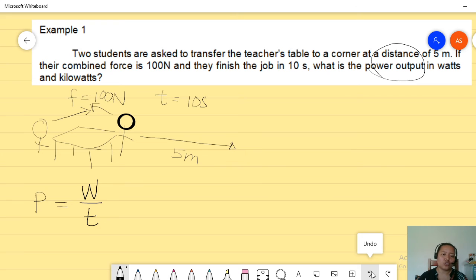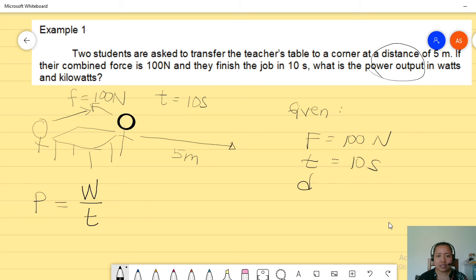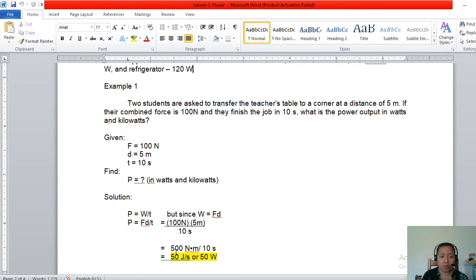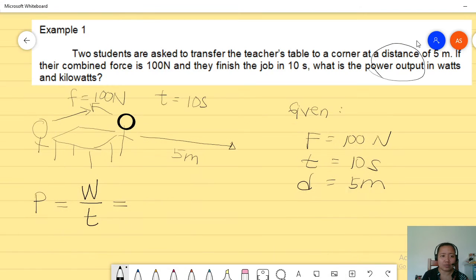Since the given is force, let's enumerate the given. Force is 100 Newton, time is 10 seconds, and distance is equivalent to 5 meters. So what we are going to do is to know the formula for work. Remember that the formula for work is force times distance. So we have force times distance over time.